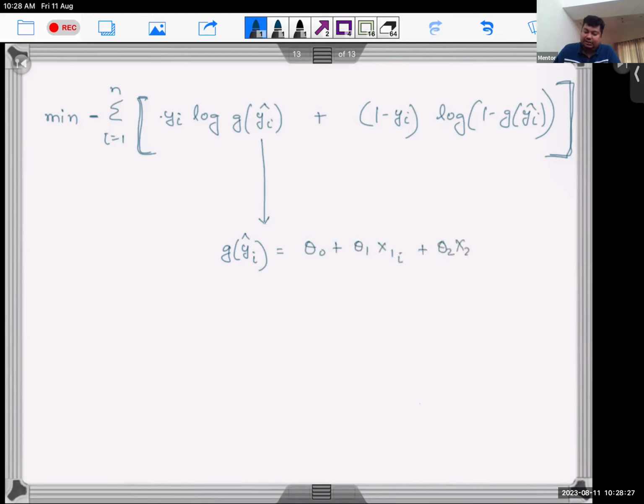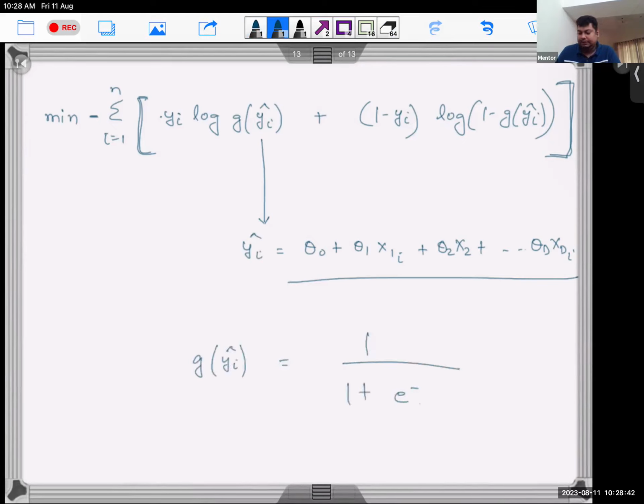So if you have d features, it will go up to theta d times xi d. Sorry, I should write it like this. This is your yi hat. And g of yi hat is 1 divided by 1 plus e to the power of minus yi hat. So we are trying to minimize this with respect to all the thetas. Is this clear? This is the loss function that you're trying to minimize.